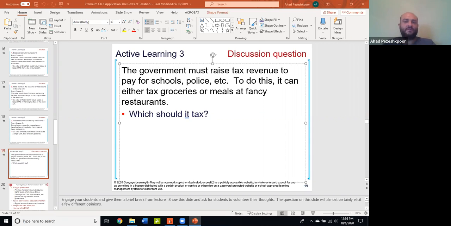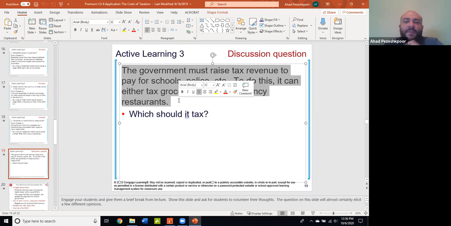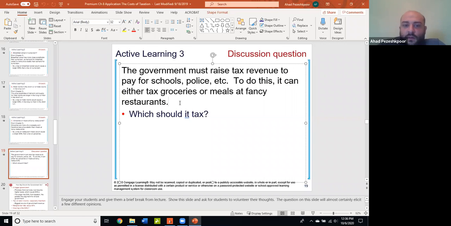But we don't care about that. At the end of the day, we want to be able to judge them from a neutral position. So that's why we focus on the outcome and maximizing welfare. So I would say it depends on the situation. For example, let's say there is a real emergency and you really need to pay for your armed forces, like when World War II happened.